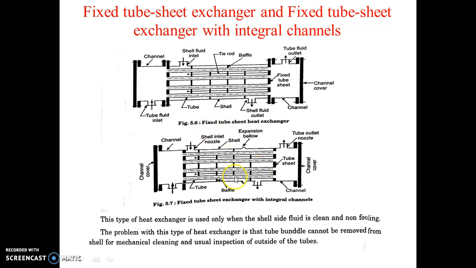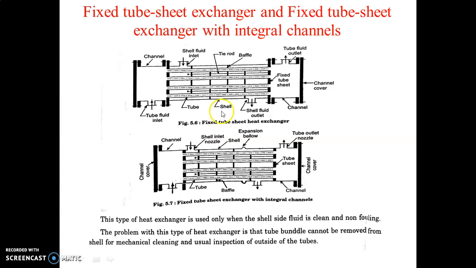So one fluid comes into this heat exchanger from here, on the outside of the tubes, and is removed from here, and another fluid comes from here. It passes through these tubes, and after giving or taking heat, it is removed from here. Okay. So this type of heat exchanger is called a fixed tube sheet exchanger.